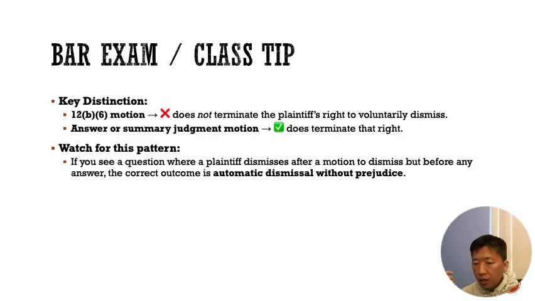But if the defendant files a motion for summary judgment or an answer, it will terminate the plaintiff's right. Watch for this pattern. If you see a question where a plaintiff dismisses after a motion to dismiss but before any answer, the correct outcome is automatic dismissal without prejudice.